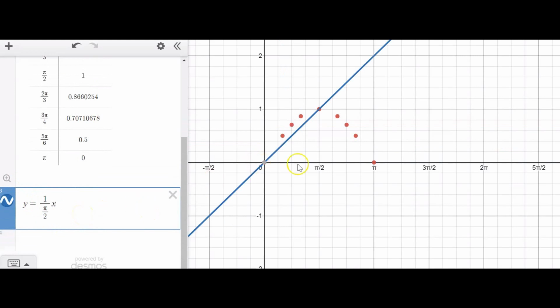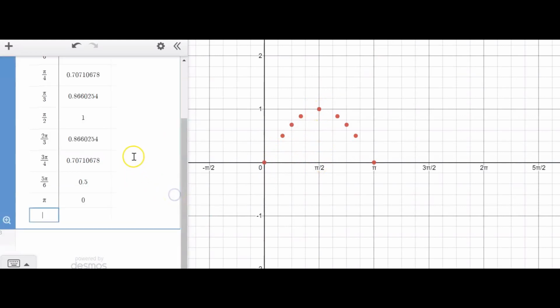There we go. If it was a straight line, it would go from here through here, but you can see that because these 3 points are above this straight line, it is not a straight line between 0, 0 and pi over 2, 1. It is a curved line.